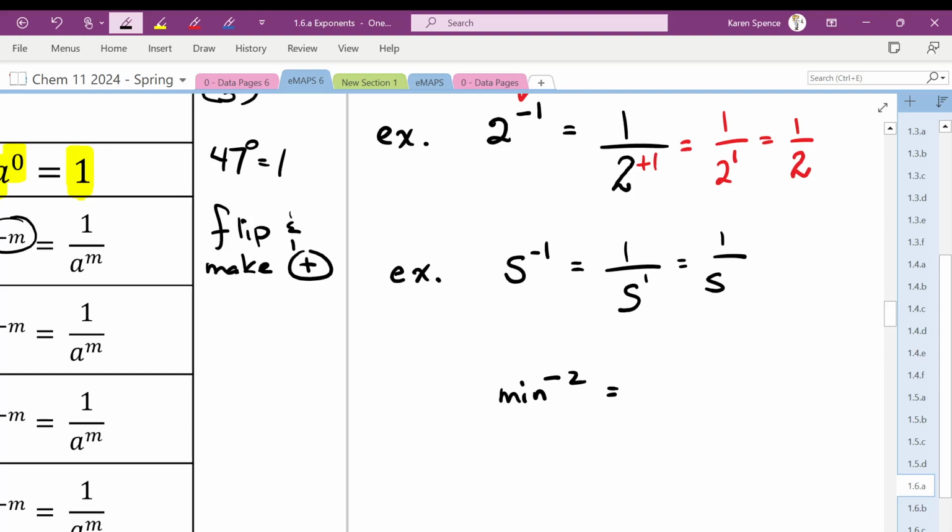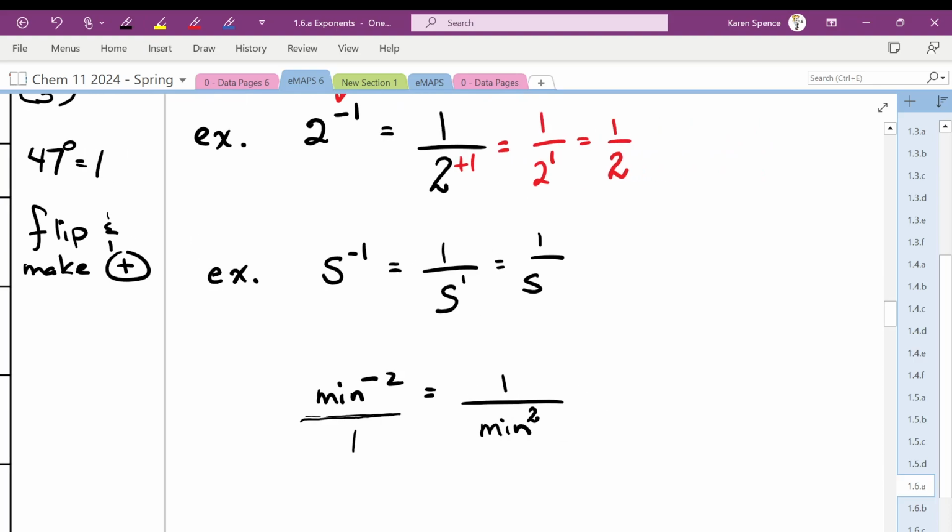Well, minutes right now is in the numerator. I know there's not really a numerator and denominator here, but you could always put that over 1 if you wanted to, yes? Okay, so we're going to now take the reciprocal. So we're going to put minutes on the bottom instead of on the top, and it's going to be raised to the power of 2. So that would then become 1 over minutes times minutes. And then we would just have to write it as 1 over minutes squared. We don't have any choice.